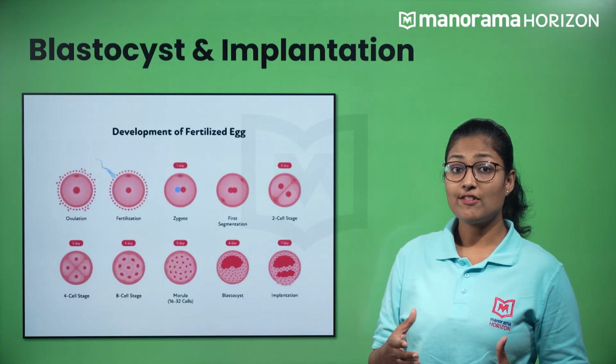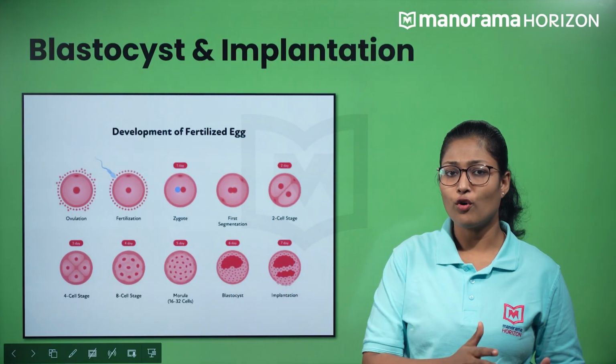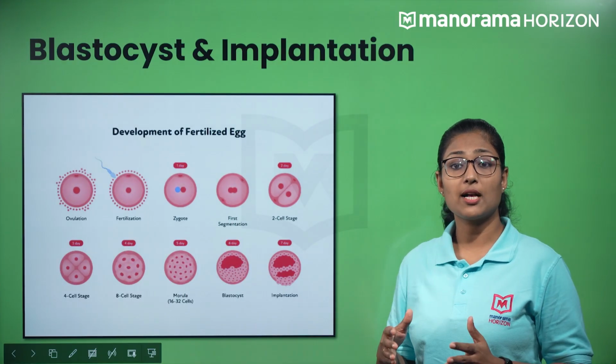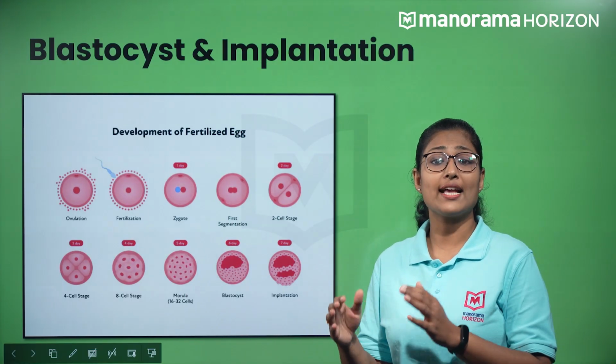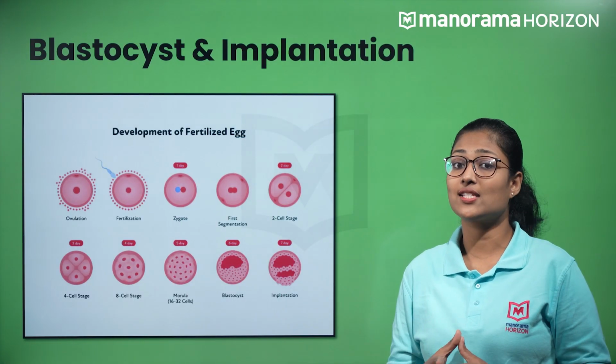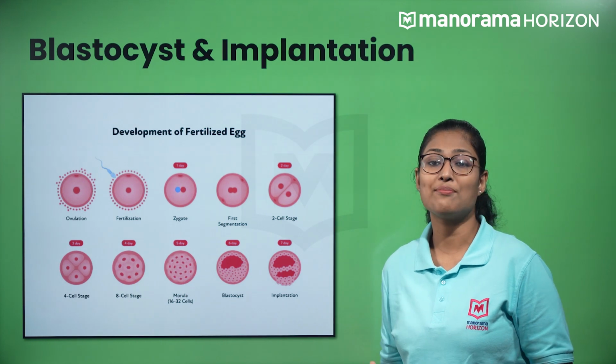The zygote develops into a morula or a blastocyst on day 4 or 5 after fertilization. The blastocyst becomes loosely and then firmly attached to the uterine endometrium about 6 days and 7 days after fertilization, which leads to the implantation and then pregnancy.